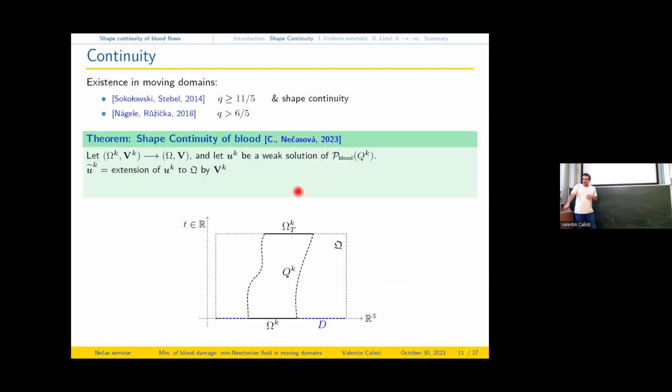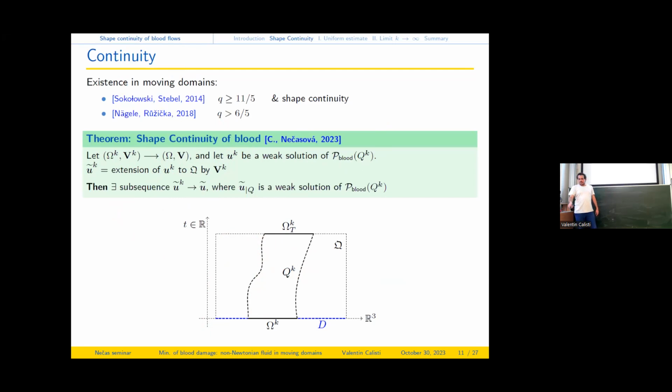As I said, we have a sequence of domains converging in the sense I have presented before. And if I take a sequence of weak solutions associated to each moving domain, we define tilde U_k, and this is what will be done every time in this presentation. So here you have U_k living in the moving domain, and you extend it by the velocity field V_k, which is given everywhere.